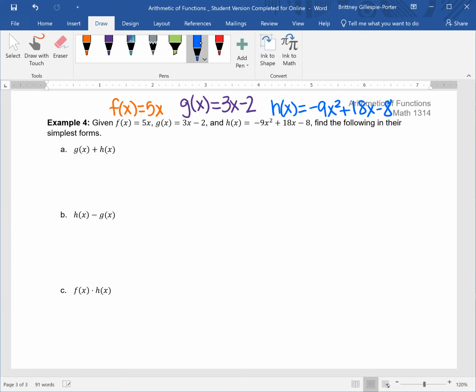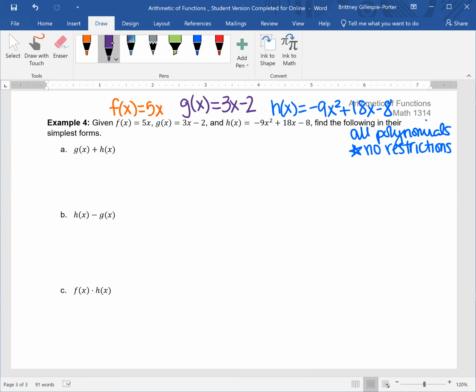All right. Notice that they are all polynomials, which means that we have no restrictions starting out. We may pick up restrictions on the way, but we don't have them right now.